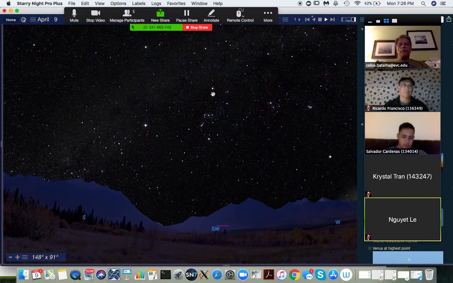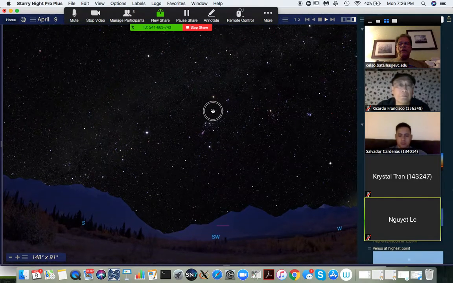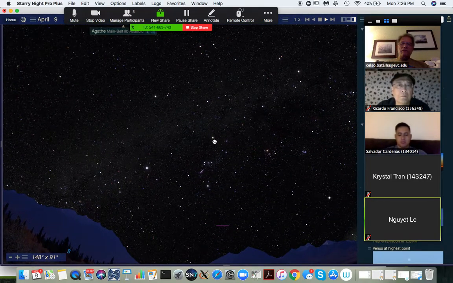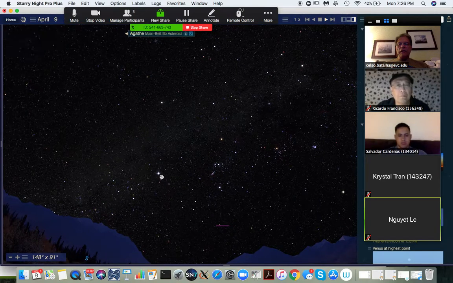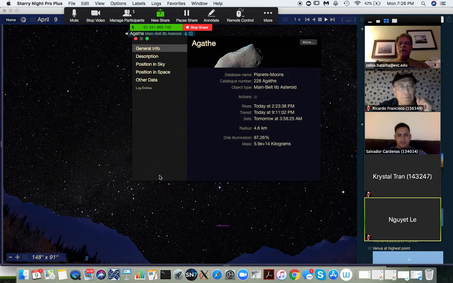So you look at Betelgeuse right here. Even this is a simulated sky, but you can tell the color is not the same as Sirius. This is Sirius. Sirius is 10,000 Kelvin. Oops, I didn't get Sirius, did I?